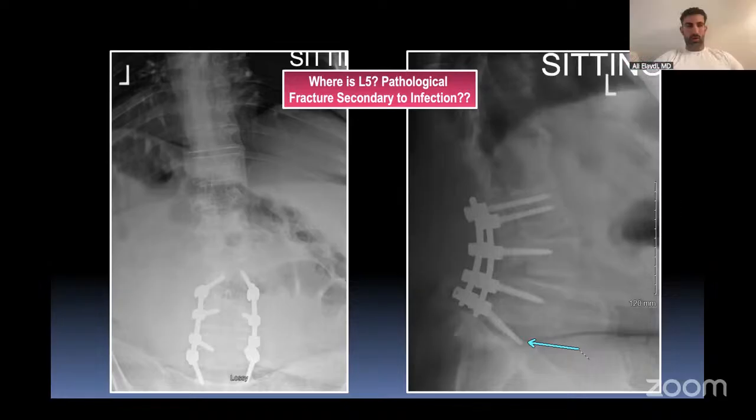So these are when he returned to clinic with his infection, and the screws that were previously at L5 you could see pointed with a blue arrow. And the question is what's happening to L5?